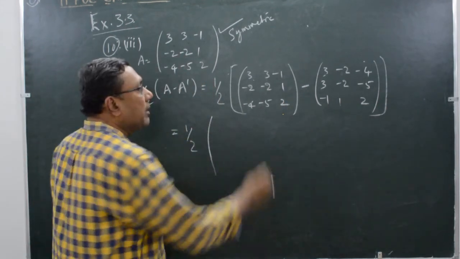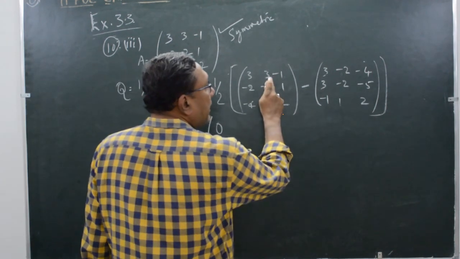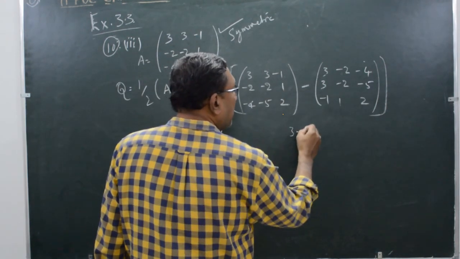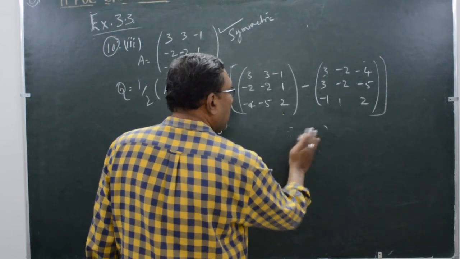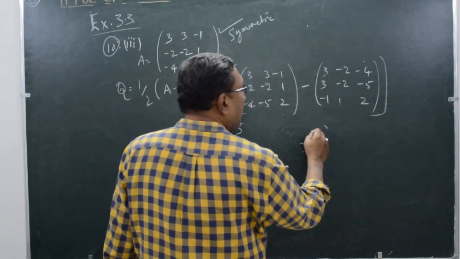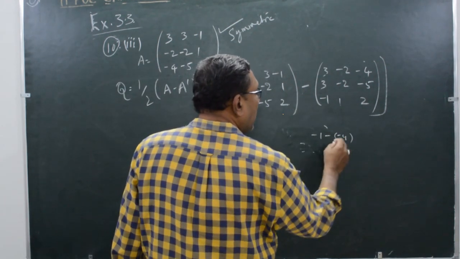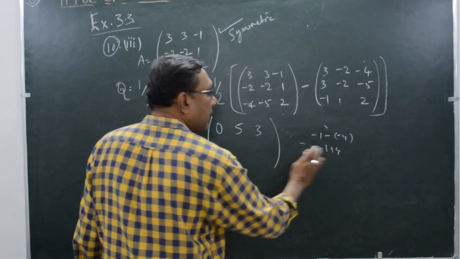3 minus 3 is 0. 3 minus -2 is 3 plus 2, which is 5. Right? -1 minus -4 will be -1 plus 4. Therefore, it is 3. Right?